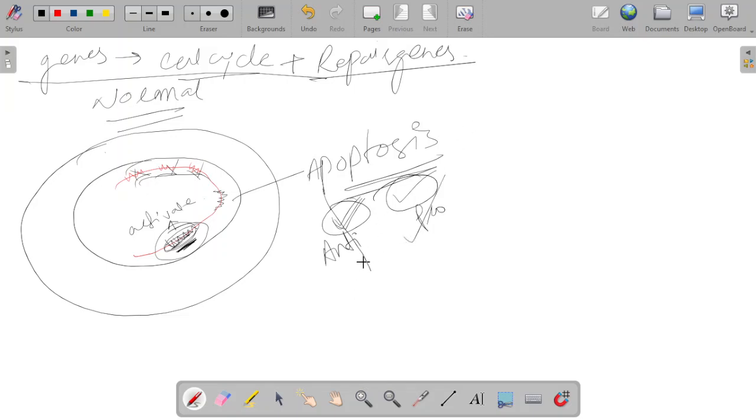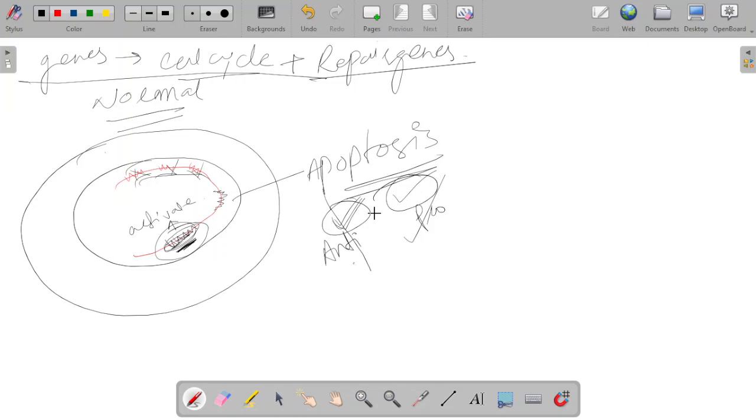That is normal. But in a cancer cell, what could be the scenario? What kind of mutation will the anti-apoptotic genes get? They will get gain of function, and pro-apoptotic genes will get loss of function. So the cell does not undergo apoptosis, and the cell becomes over-survived.